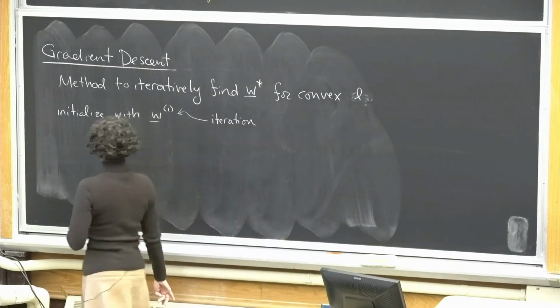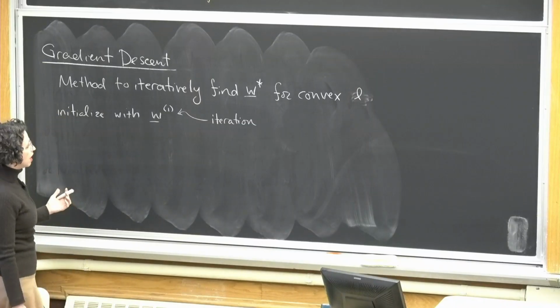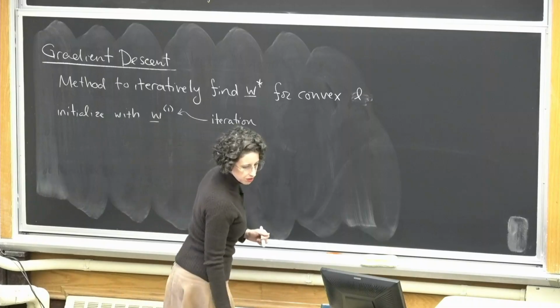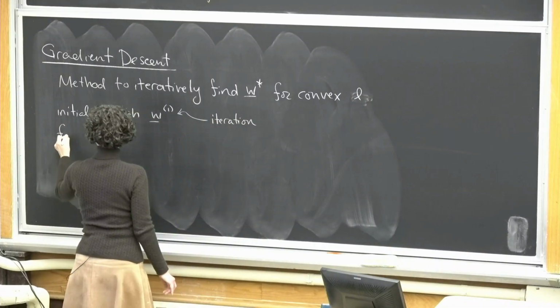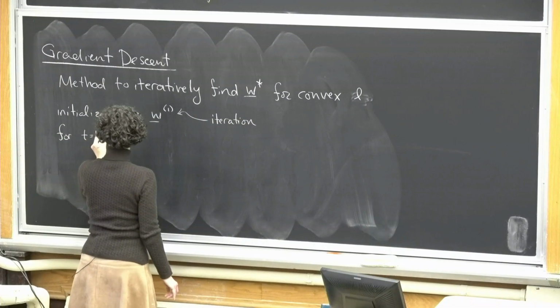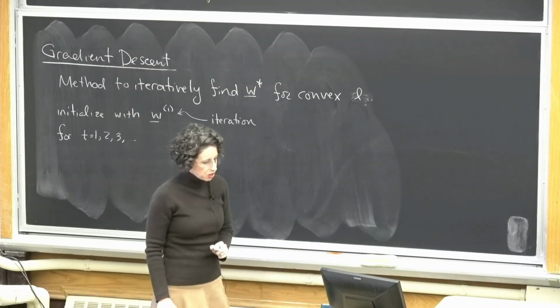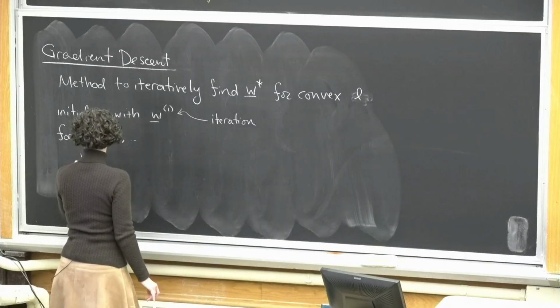So at my first iteration, my guess of the optimum is W1. And then what I'm going to do is the following. So for t equals 1, 2, 3, maybe forever, I'm going to update this guess.